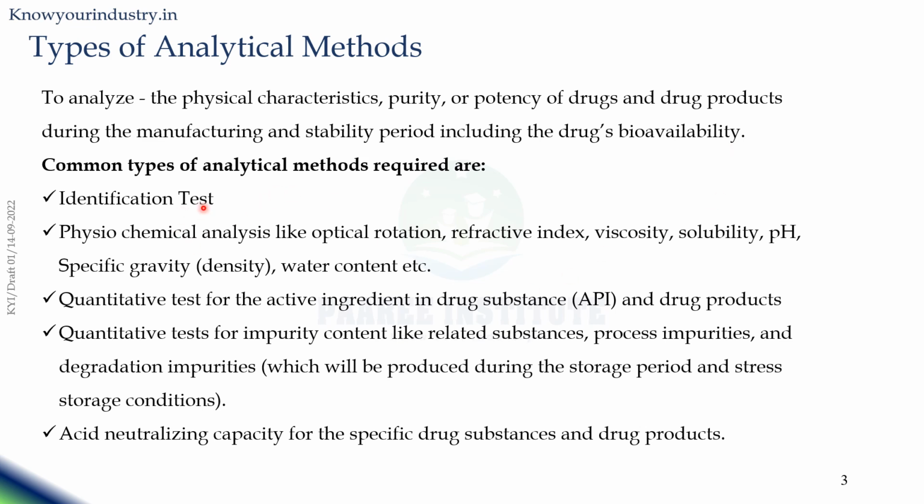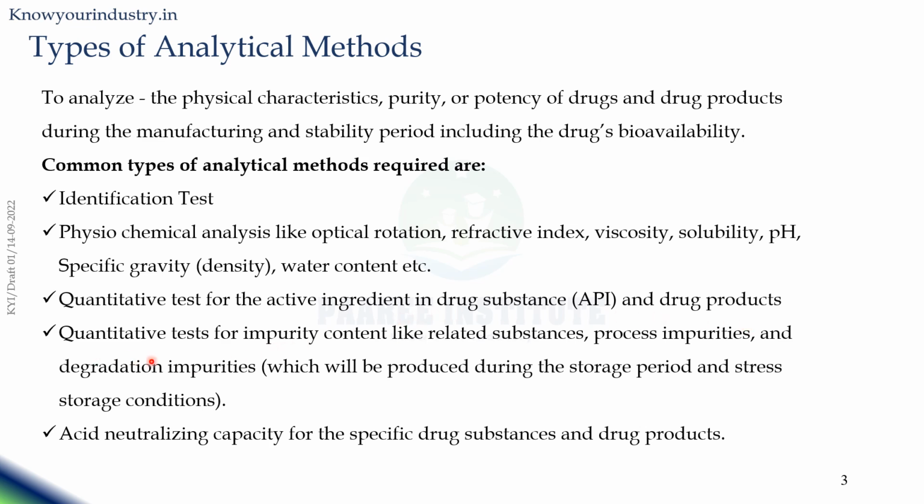What are the common types of analytical methods? Identification test, which is generally to do qualitative analysis of chemicals. Then physicochemical analysis like optical rotation, refractive index, viscosity, solubility, pH, specific gravity, water content, etc. Then quantitative test for active ingredient in drug substances and drug products, that is generally the assay.